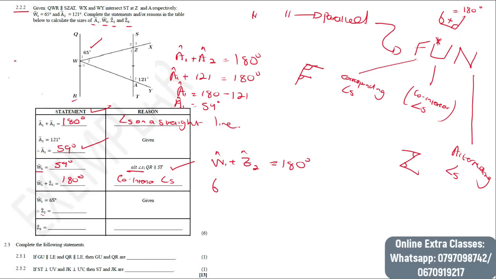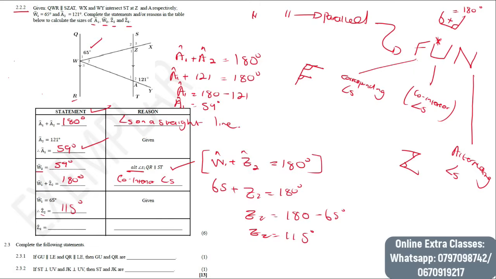So we replace W1 by 65, plus Z2 equals 180 degrees. So angle Z2 will be equal to 180 minus 65, because when we take the 65 to the other side, it changes its sign. So Z2 is equal to 180 minus 65, which gives us 115 degrees.